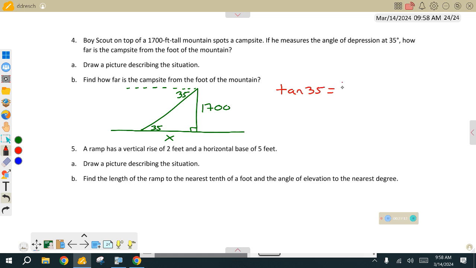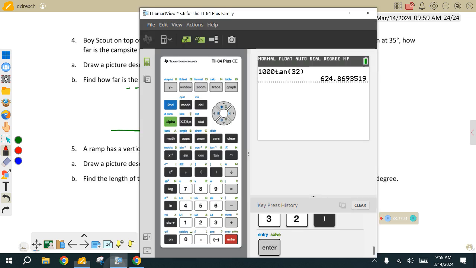You will find on a lot of these word problems, tangent pops up quite a bit. Not always, but quite a bit. Finish it off. 1700 divided by the tangent of 35, don't we? And we're going to go to nearest whole number again, because who cares at that point?